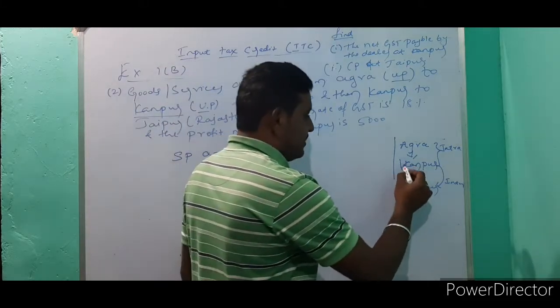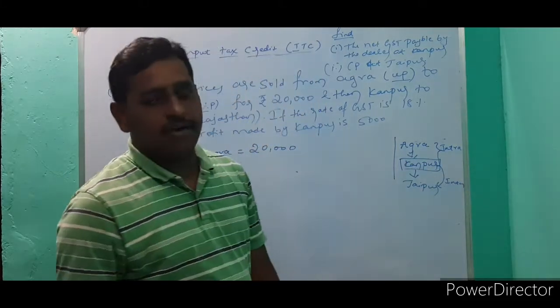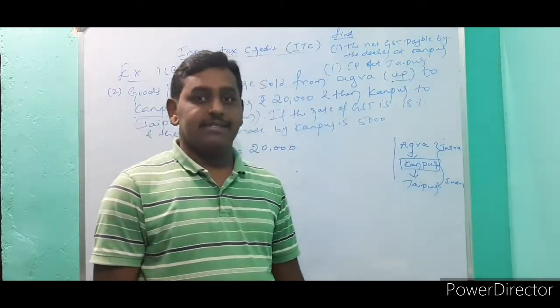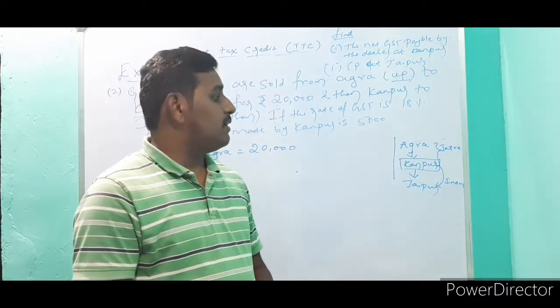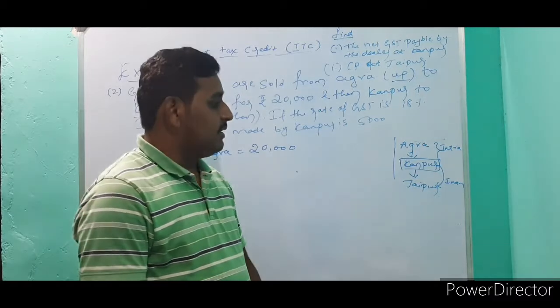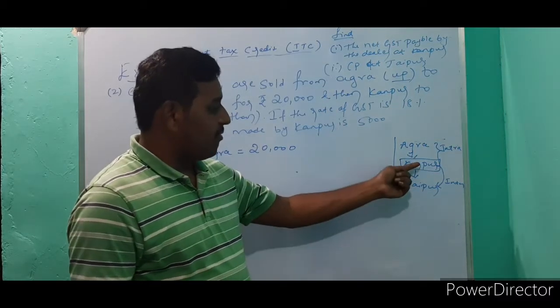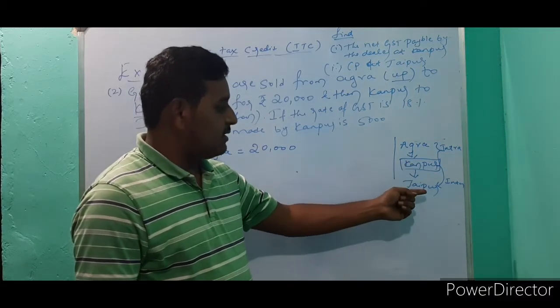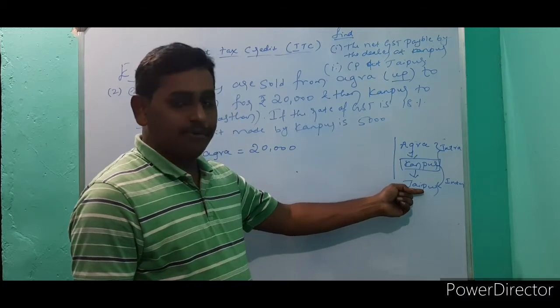First you have to find the net GST payable by the dealer at Kanpur. What is the formula for net GST payable? GST means output tax minus input tax. Output tax means Kanpur sells the goods to Jaipur.